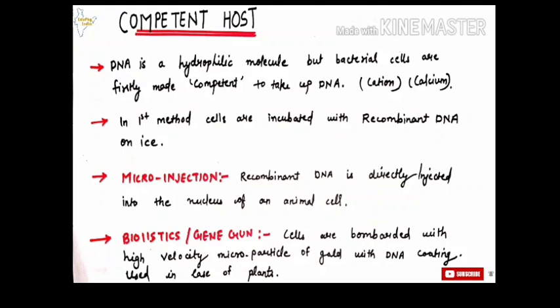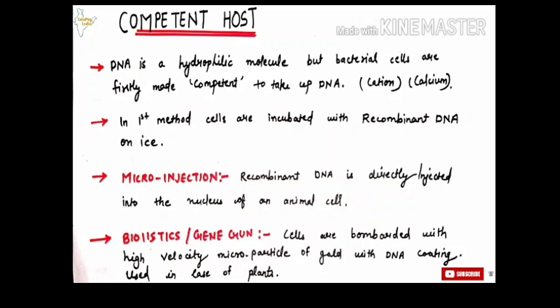One is the competent host, where bacteria are first made competent to take up DNA. This is done by treating them with a specific concentration of divalent cations, like calcium, which increases the efficiency with which DNA enters the bacterium.